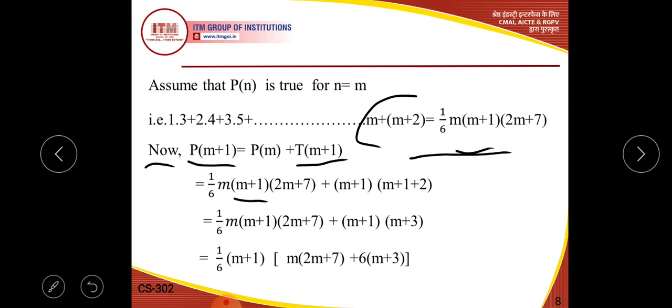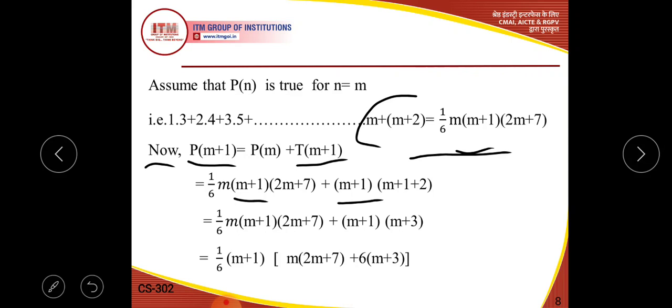After replacement we get m plus 1 into m plus 1 plus 2. Now we have to solve this. 1 upon 6 m plus 1 into 2m plus 1, and if we solve this we get m plus 1 into m plus 3 is equals to 1 upon 6.